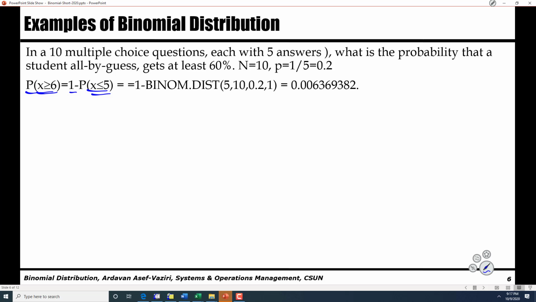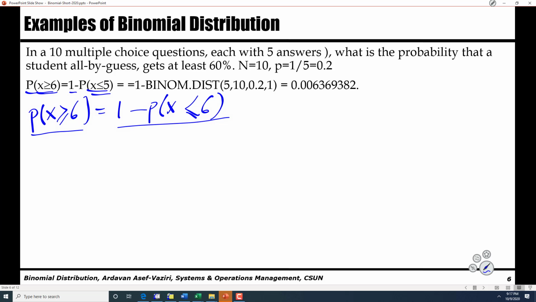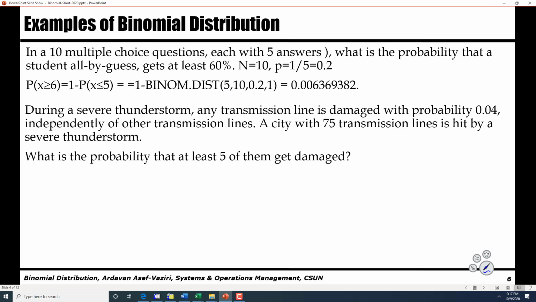If we were talking about, for example, normal distribution, probability of x greater than or equal to 6 is equal to 1 minus probability of x less than or equal to 6, not 5. Less than or equal to is the same thing there, because in continuous probability distribution, probability of x being equal to something is equal to 0. Okay, read the problem and solve it.